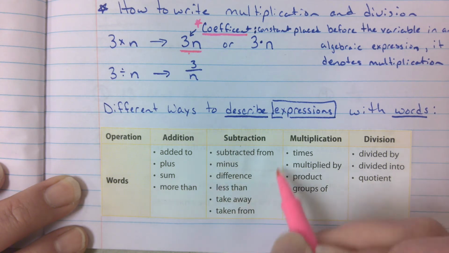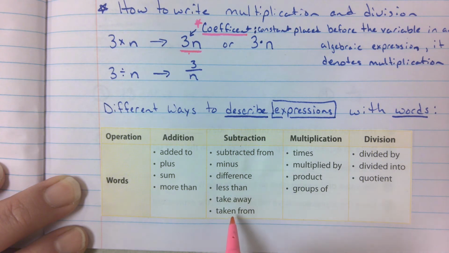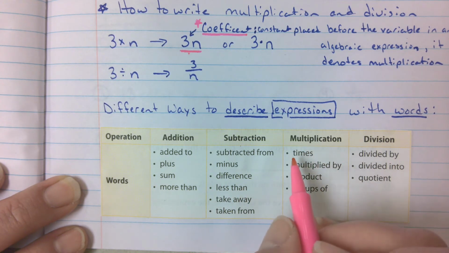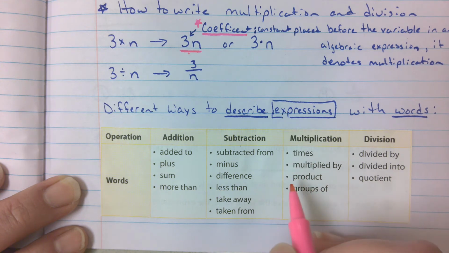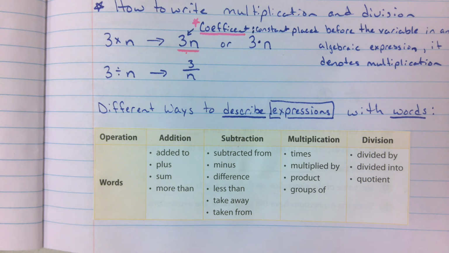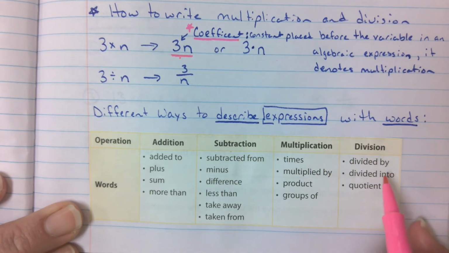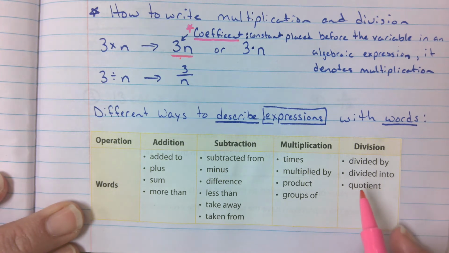This one is probably the trickiest because depending on how these are written, it's going to tell you if the subtraction comes before or after. Multiplication, you could hear the words times, multiplied by, product, groups of. When I see any of these terms, that means multiplication. And for division, divided by, divided into, and quotient.